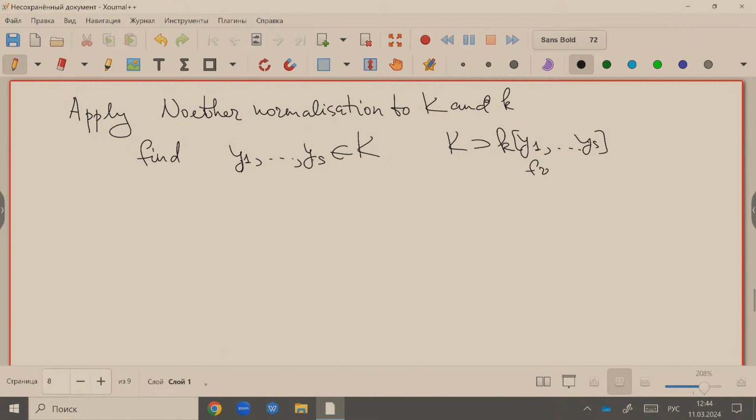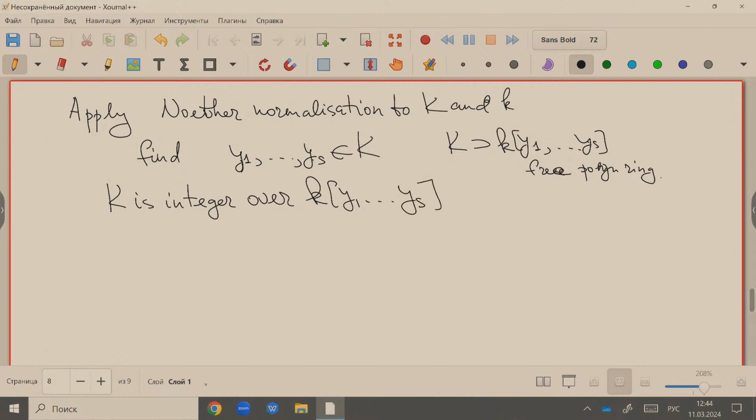So a free polynomial ring K[y1, ..., ys]. And notice that the field is integral over K[y1, ..., ys].